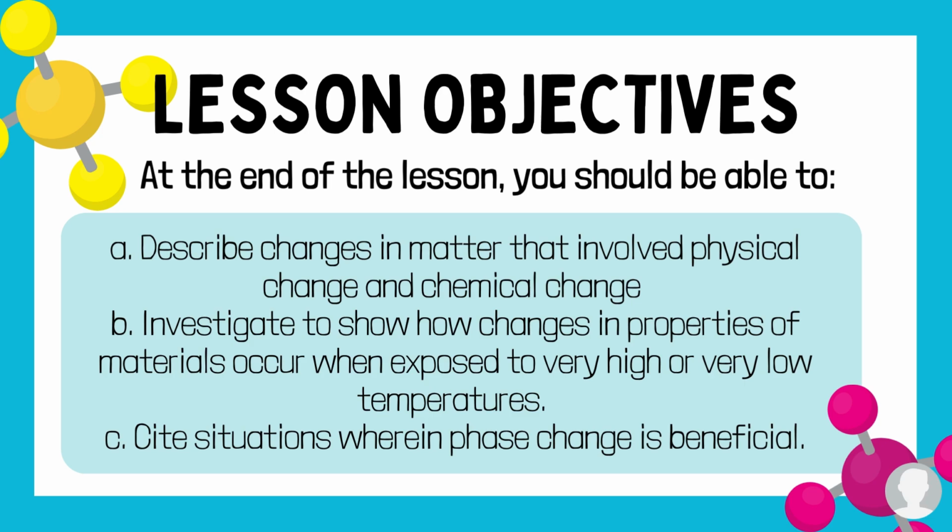At the end of the lesson, you should be able to describe changes in matter that involve physical change and chemical change. Investigate to show how changes in properties of materials occur when one is exposed to very high or very low temperatures. And number 3, cite situations where phase change is beneficial.